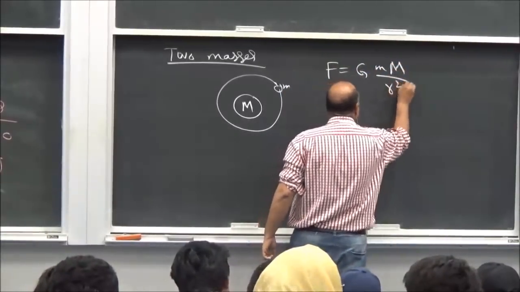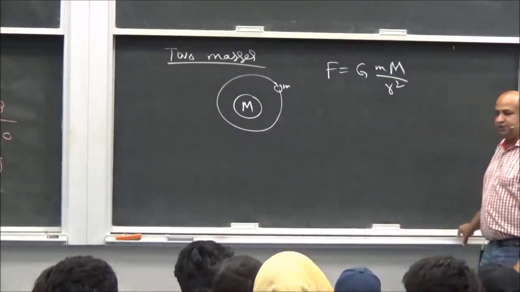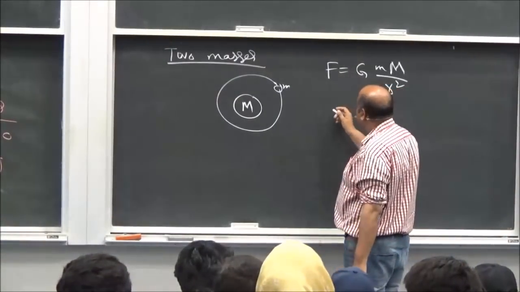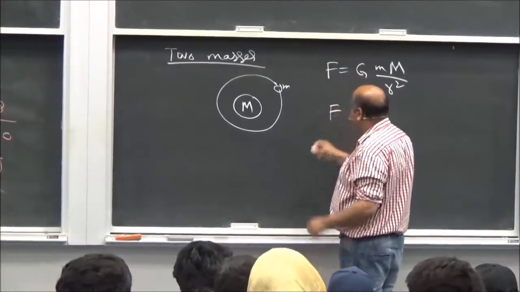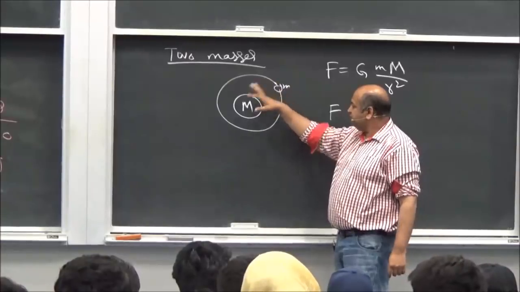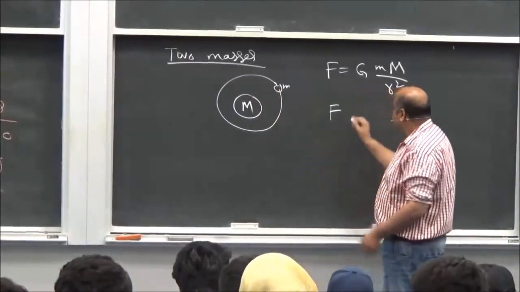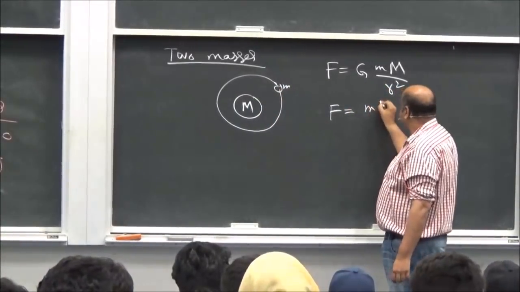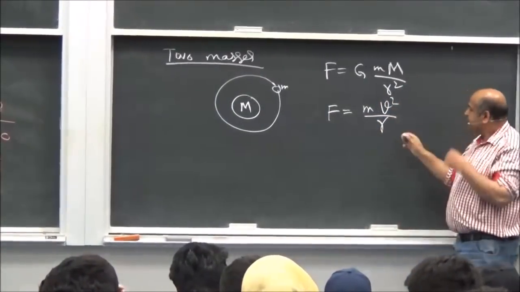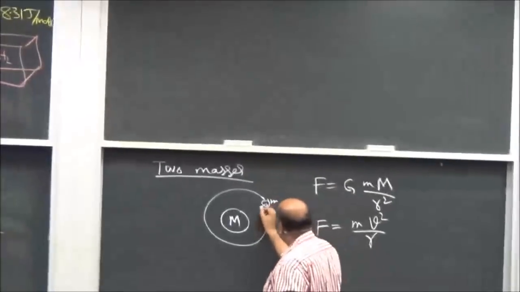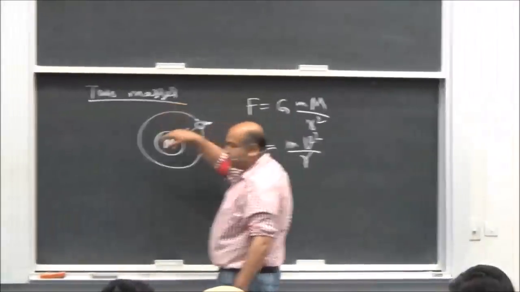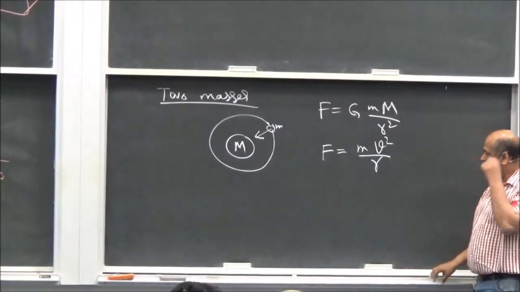So this is the force of attraction between them, and we know that this particle will remain revolving around it if the force of gravity provides the centripetal force to this mass to remain directed towards this particle.